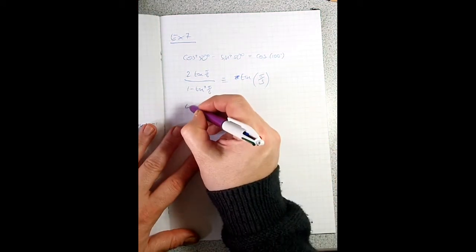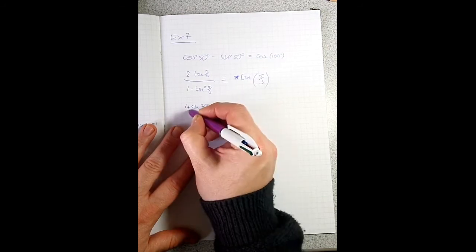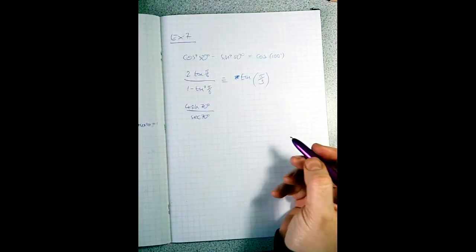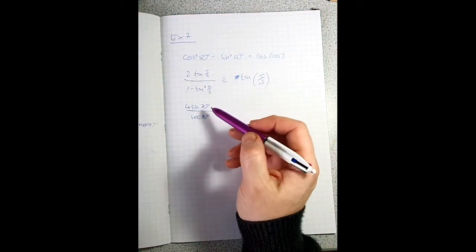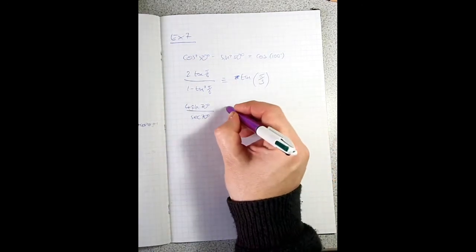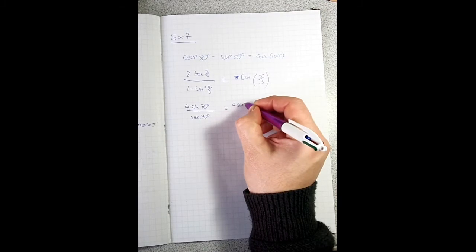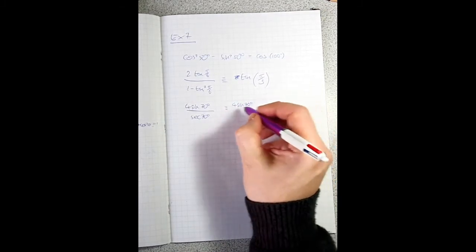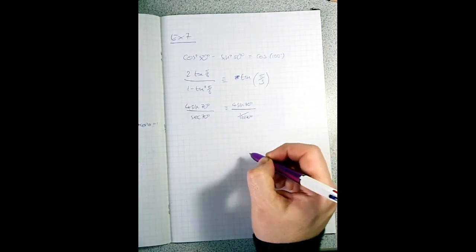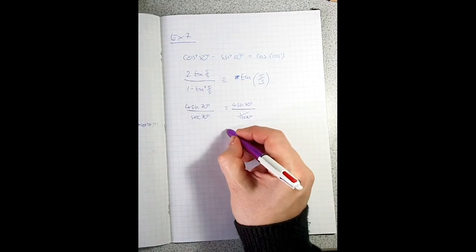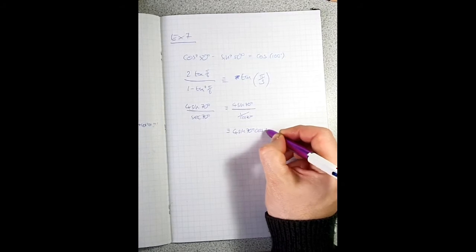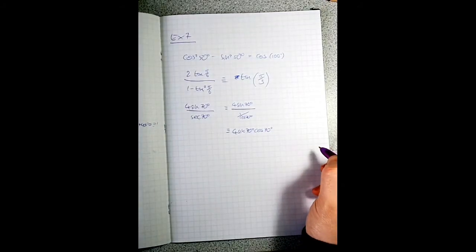Now, for 4 sine 70 over sec 70 is a little less obvious just because we're not used to sec, but always with these things, sec, cosec and cot, write it out as sine and cos because that's what we're used to and we see how it simplifies. So that's 4 sine 70 divided by 1 over cos 70, well, divide by a fraction, 4 sine 70 cos 70.